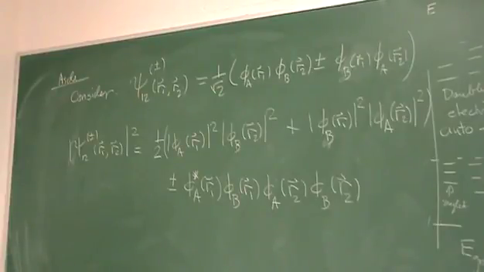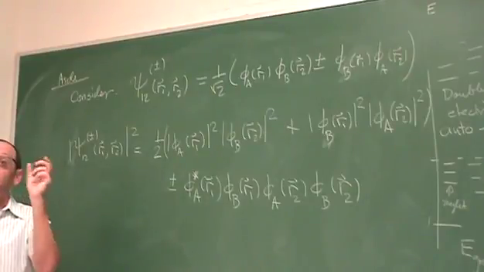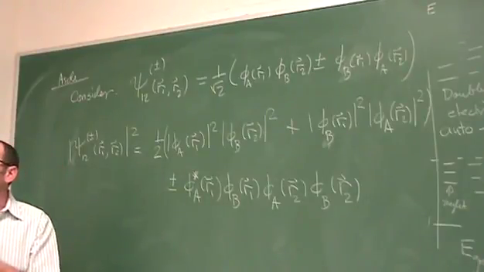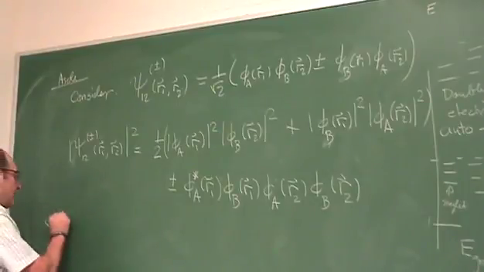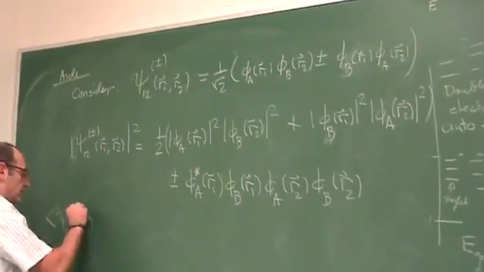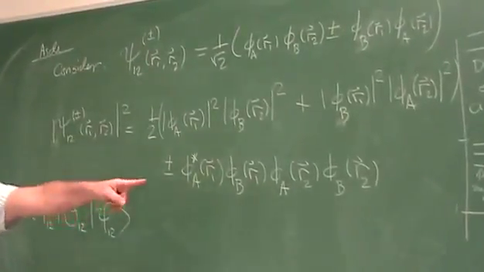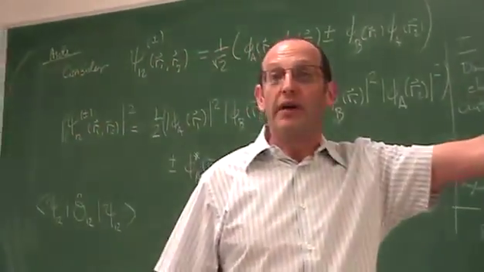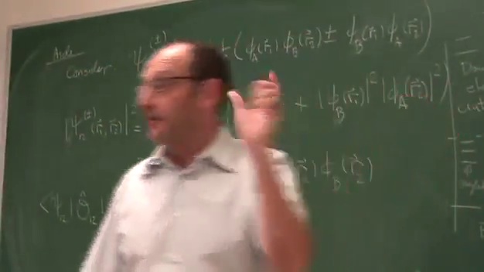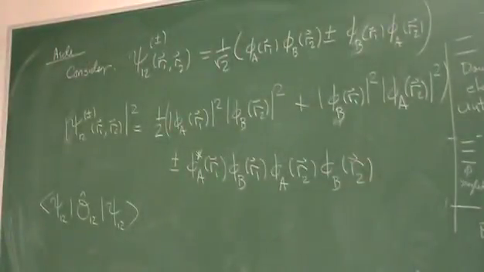So, what can we say about this? Let's consider an operator which is symmetric under this change. It doesn't distinguish between particle 1 and particle 2. So I'm going to look at the expectation value, like, for example, the magnitude of 1 over R1 minus R2. That doesn't depend on which particle is 1 or 2.